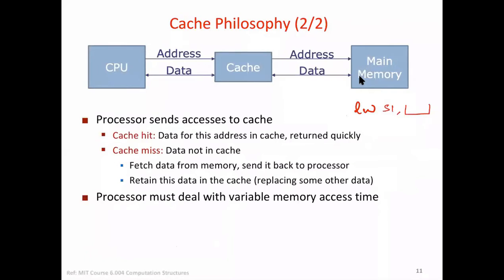So that address will go to memory or cache, because the first exposure is to the first level cache, right? And if the data is available there, that's great, and that's what we call a cache hit. So data for the address in cache is returned quickly.